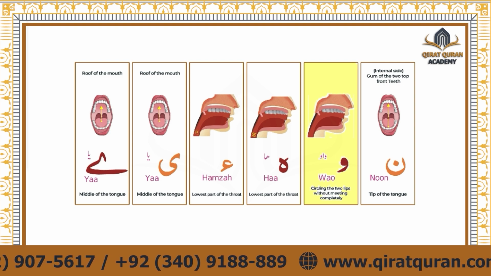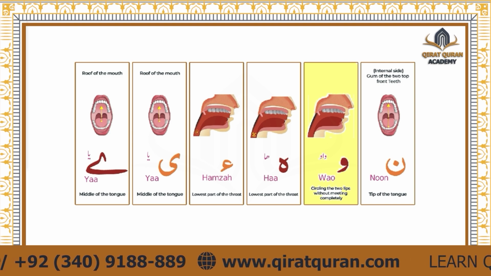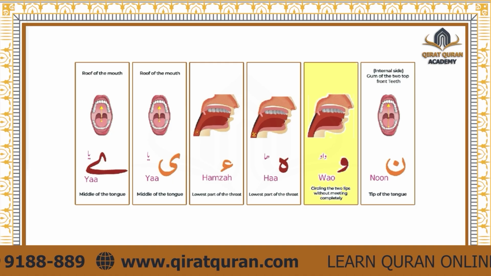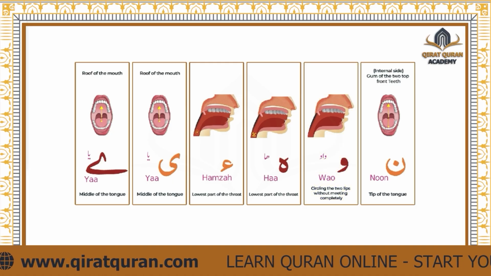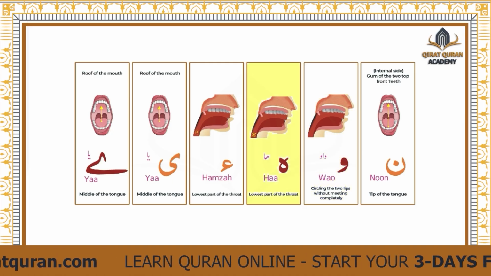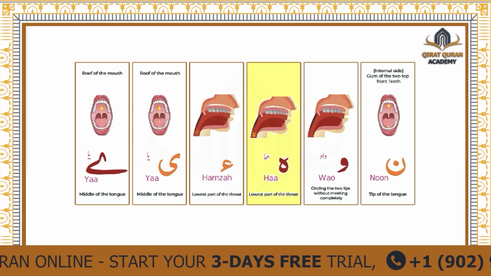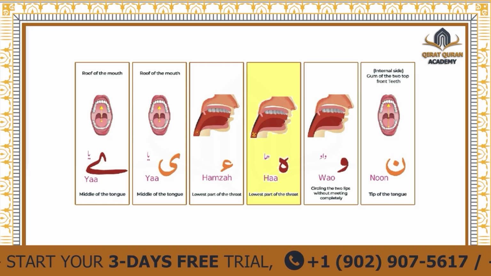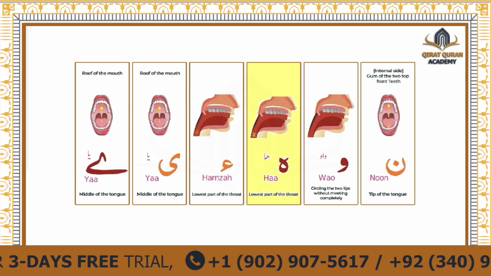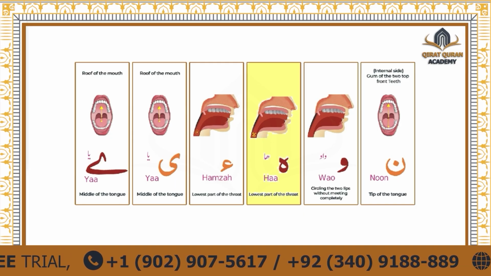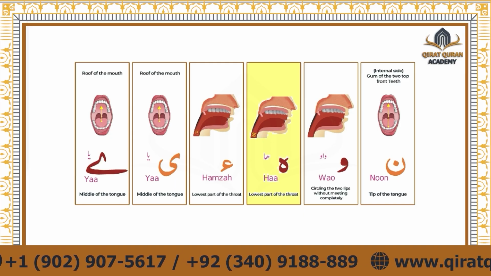Means your lips should not meet each other, but you have to circle them. And then the next letter Ha. The origin of this letter is the lowest part of the throat. As you can see in the picture, you have to use the lowest part of your throat to pronounce Ha.